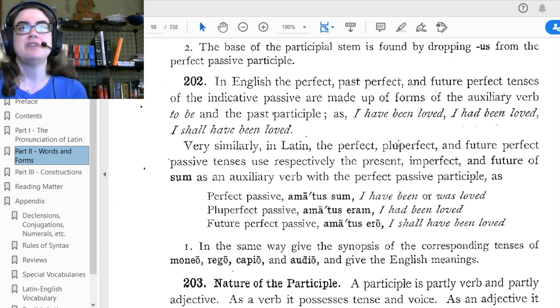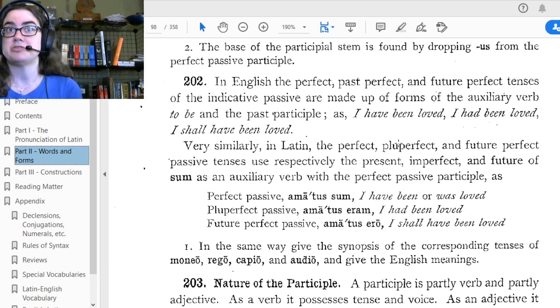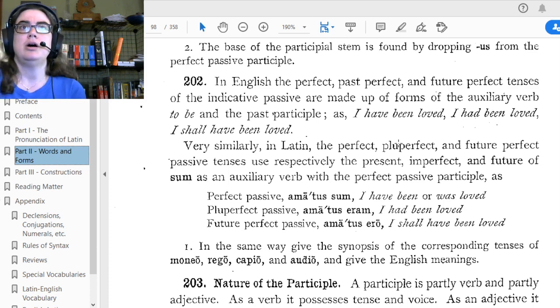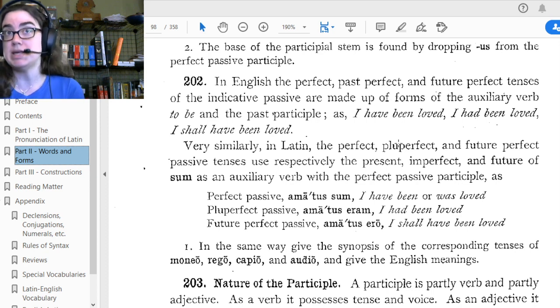Very similarly in Latin, the perfect, pluperfect, and future perfect use the present, imperfect, and future of to be as an auxiliary verb with the perfect passive participle. So amatus sum, I have been loved.